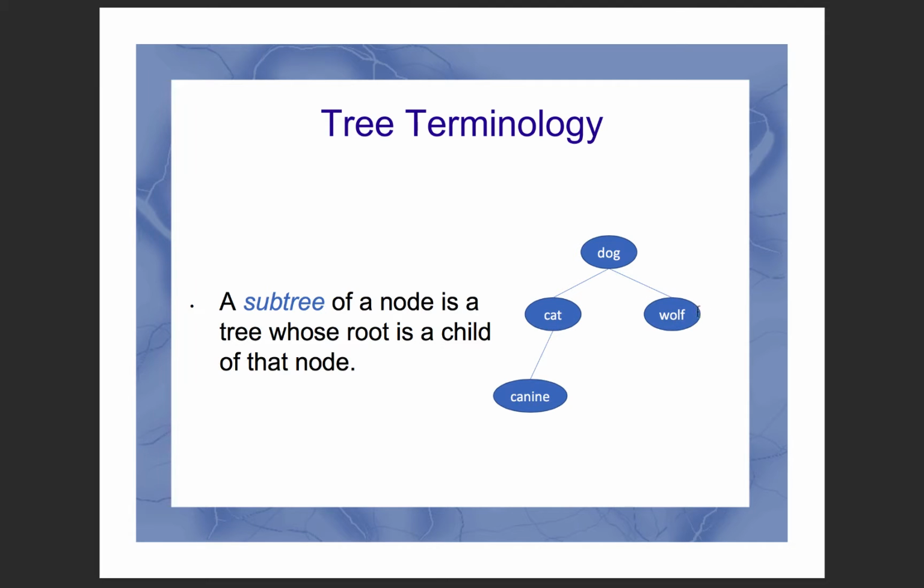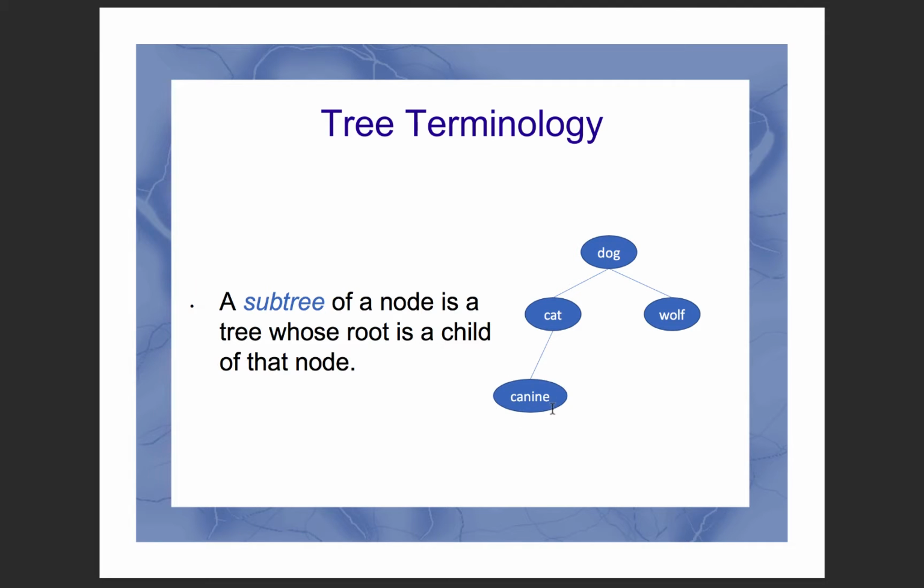Similarly, what is the level of this node? 1 plus its parent's level. Its parent's level is 1, plus 1, that makes 2. So level of cat is 2, level of wolf is 2, and level of dog is 1.